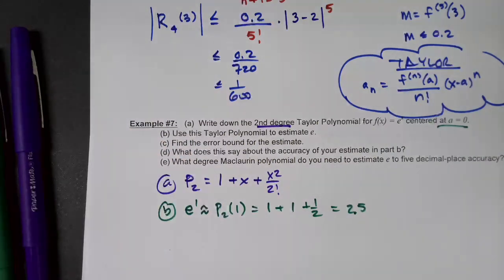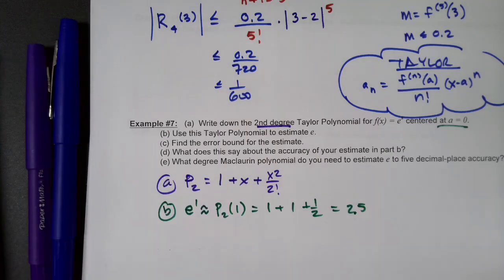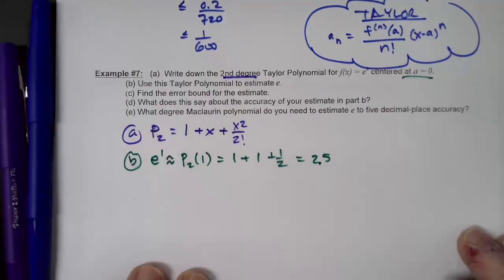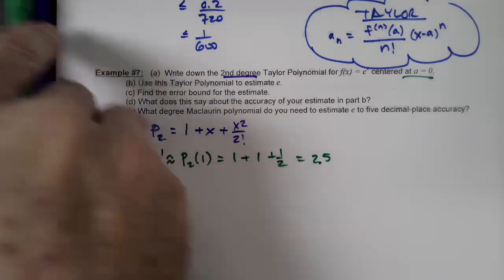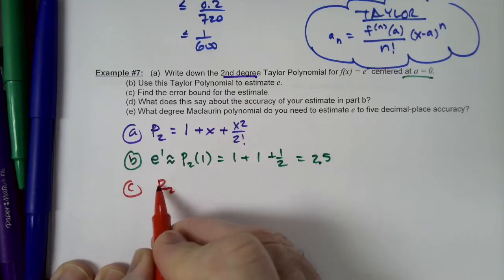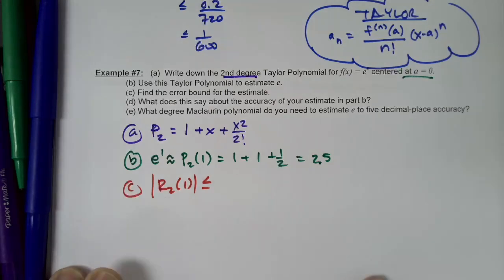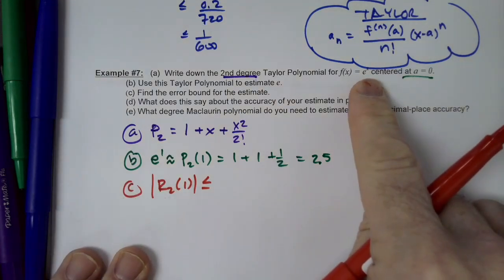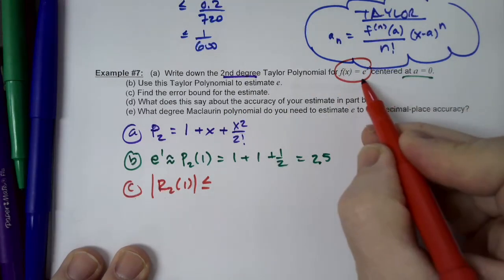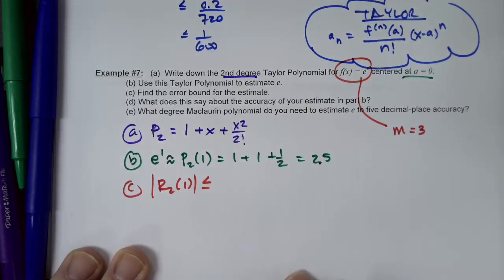Okay. Now it says, find the error bound of this estimate. What's the most that this can be off? Okay. So we'll calculate that. Okay, our m value. Do I need to take the derivative? No. Remember what we agreed to. If it's e to the x, we're going to say m equals 3.